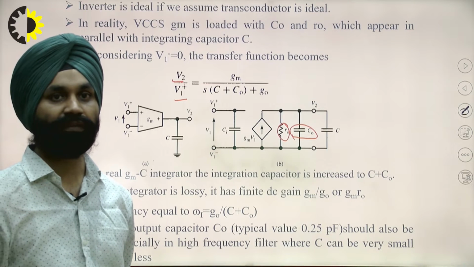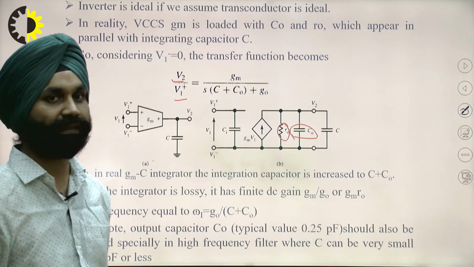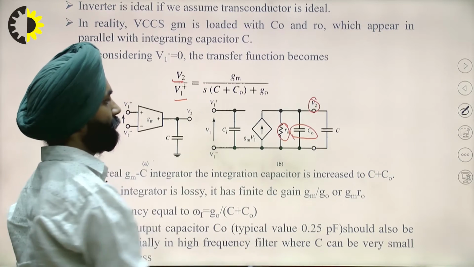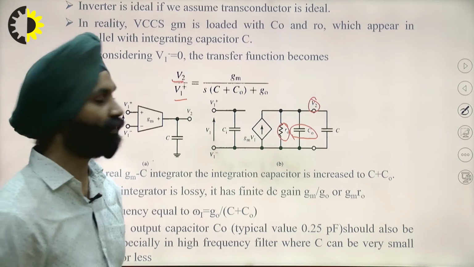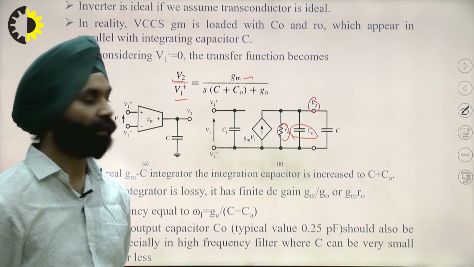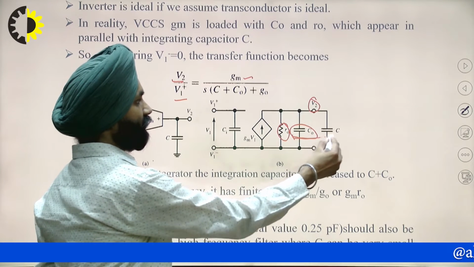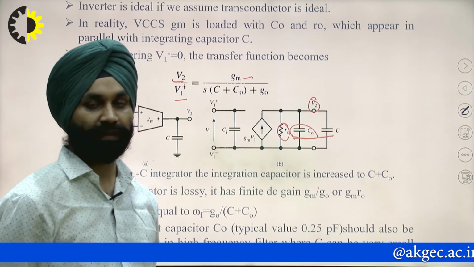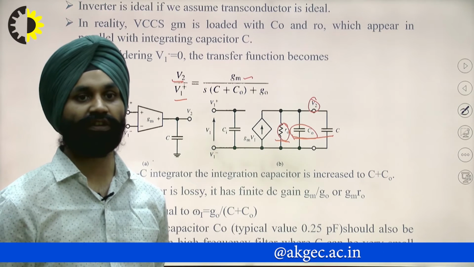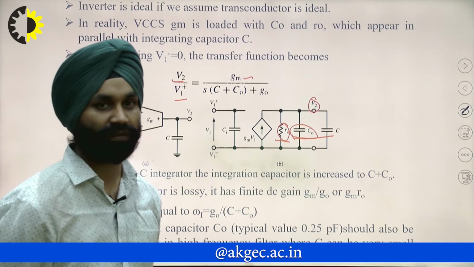Here V2 is the voltage over here. So this will be equal to Gm over S into C0 plus C plus G0, where G0 is the conductance of the resistance R0.